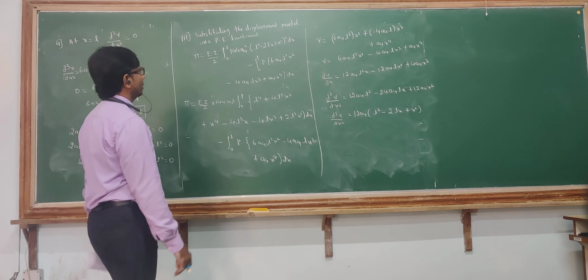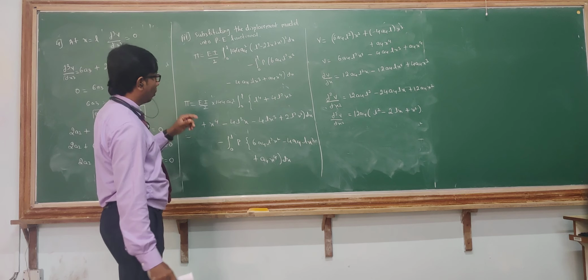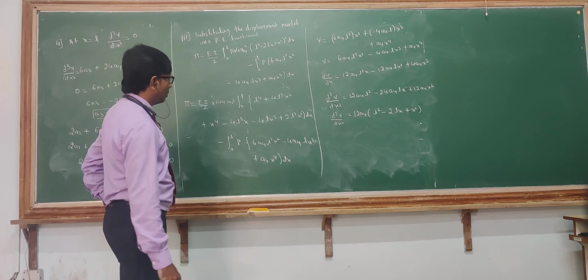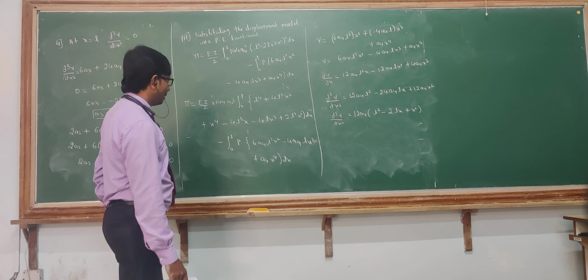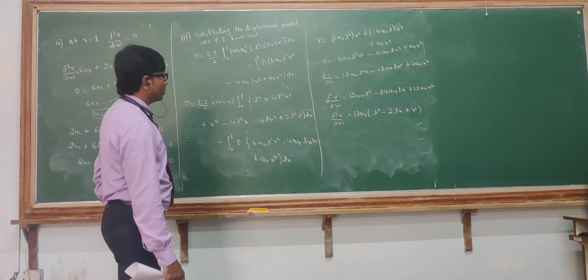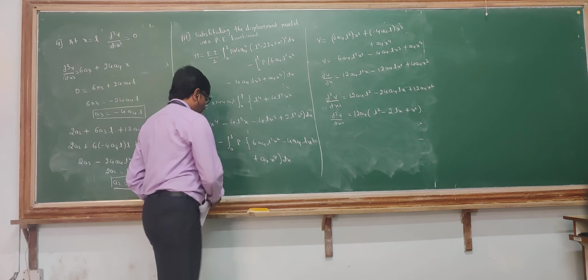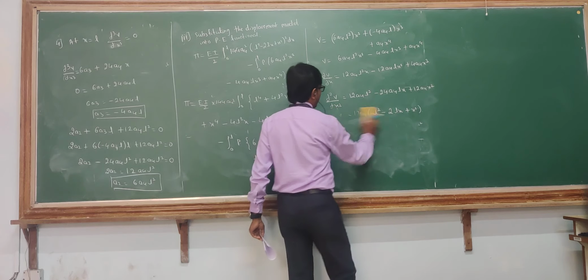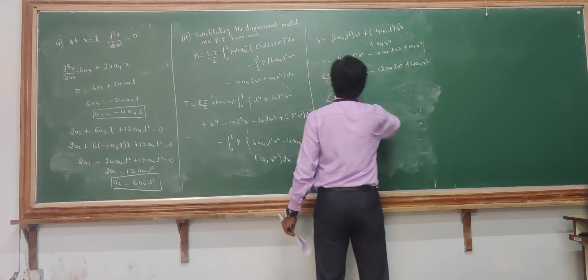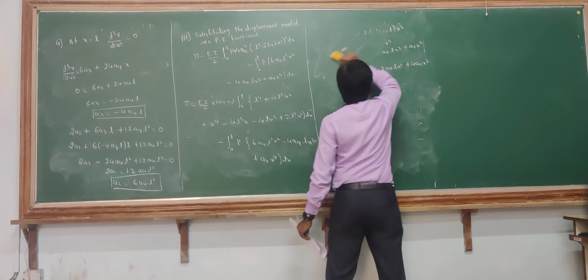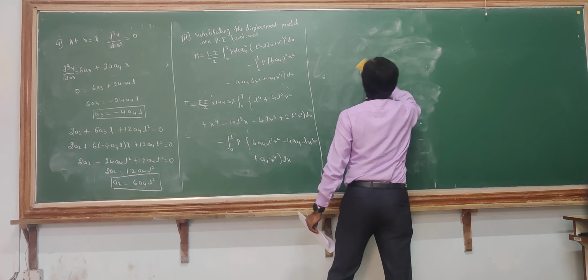So you have done this. Now what you have to do is integrate with respect to x, and then substitute the limits. So it will be a lengthy process here. Have the patience. So we'll get the solution out of this.